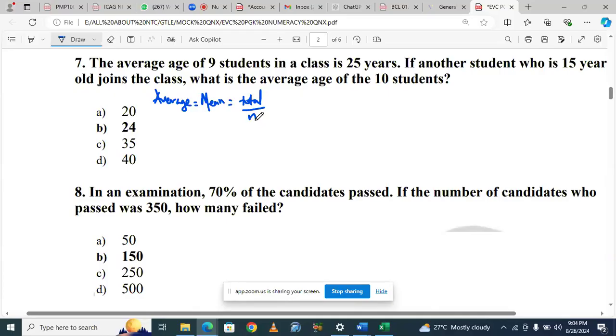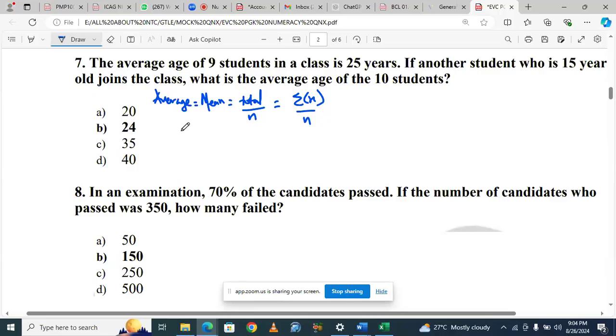Are you following? So we often say sigma x all over n. I'm sure you remember this. The average of 9 students means n is 9 students.